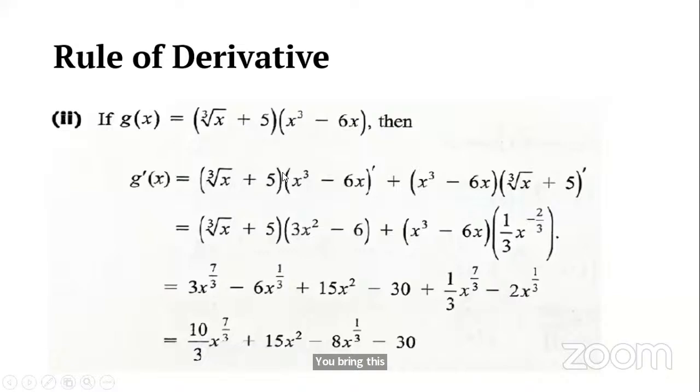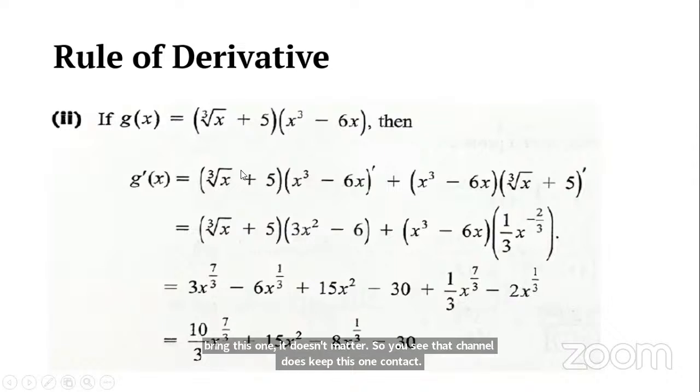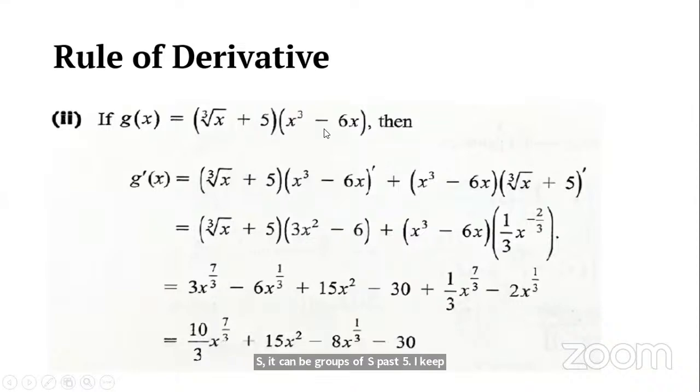So you see that here now I just keep this one constant, the cube root of s plus 5. I keep this one constant and then I differentiate this one. Then you add up the second one. You keep this one now constant and you differentiate this one.